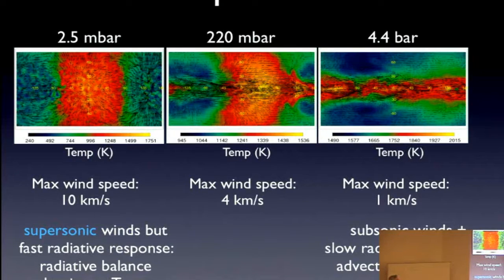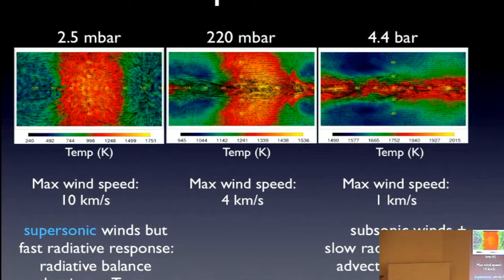You modify the temperature pattern a little bit by advecting it away from the substellar point. And when you go further down in the atmosphere, the winds are much weaker, and you get a rather different pattern. I won't emphasize too much what's happening here because it's not necessarily of direct interest to observations, but we could spend more time on this.